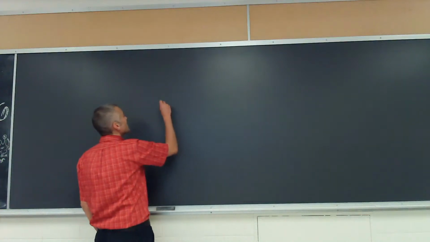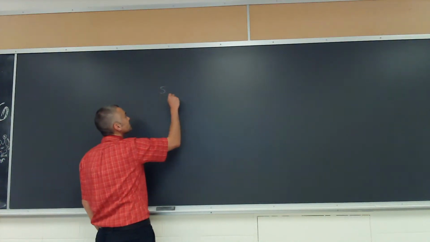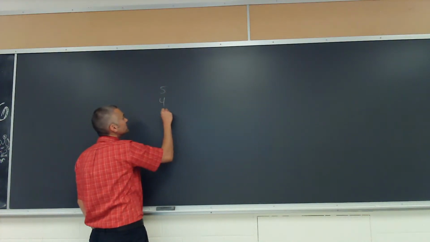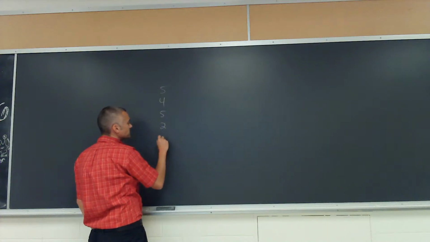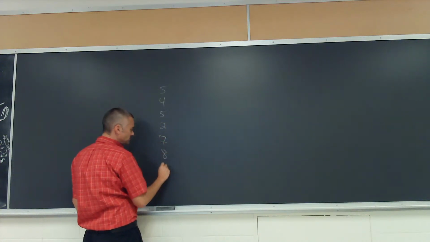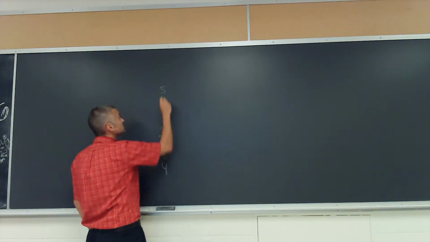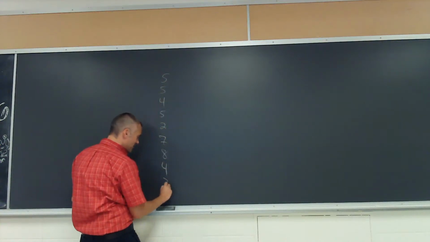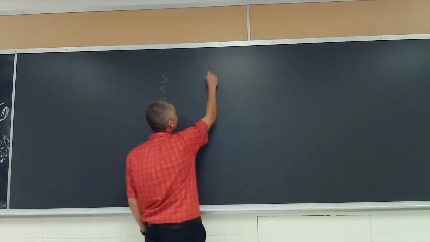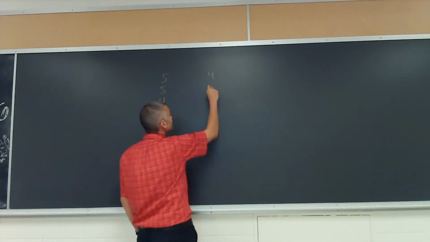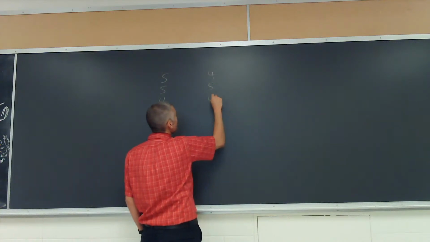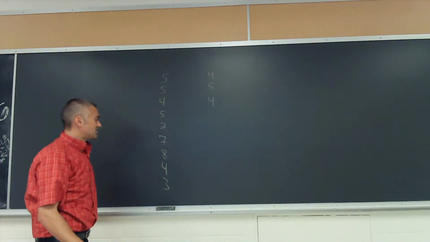All right, you're gonna read off those numbers. 5, 4, 5, 2, 7, 8, 4, 5, 3, 4, 5, 5. So there's our data set.